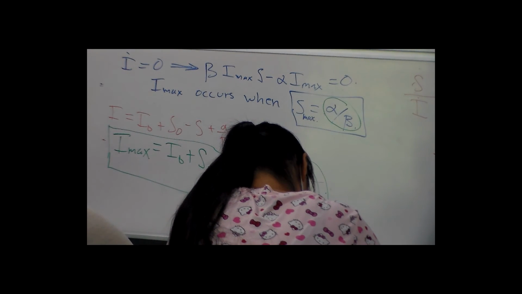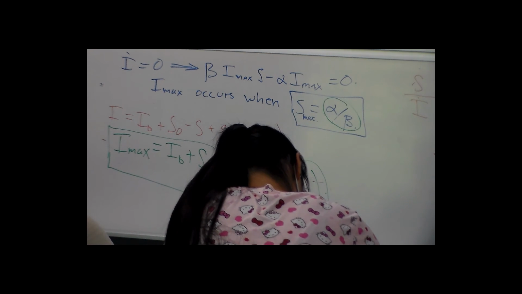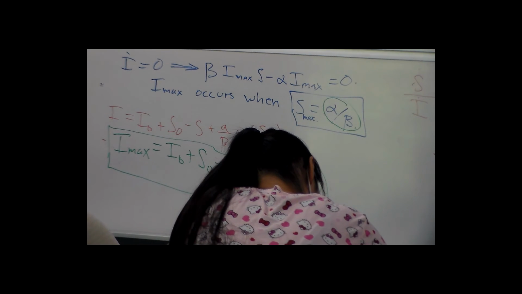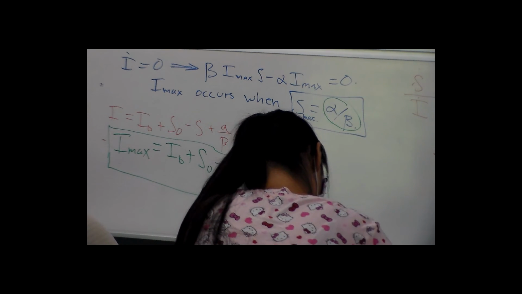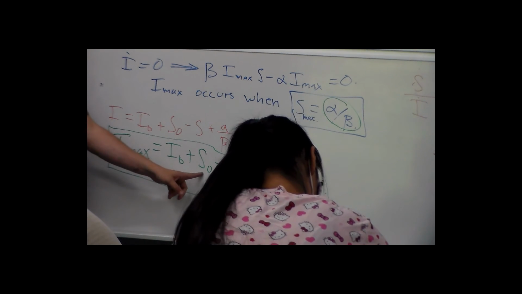How can I approximate this? At the beginning of the epidemic, how many infected individuals are there, roughly? Very few, so this is going to be a super small quantity, so roughly 0. What's S naught going to be?